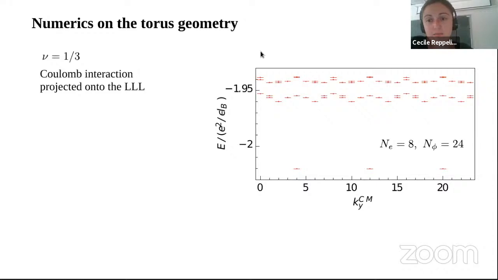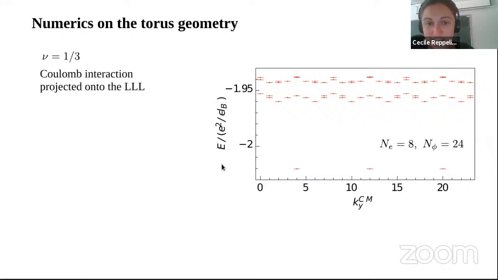So here I'm showing you the low energy spectrum of the Coulomb interaction projected onto the lowest Landau level for a system with 8 fermions and 24 flux quanta. So that means I have a filling fraction 1/3. This is not the largest size you can do with exact diagonalization. You could do a few more electrons, but this is what I had on hand.